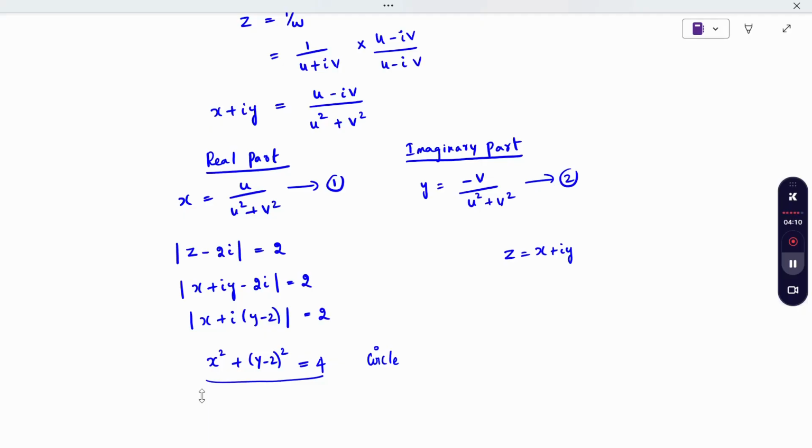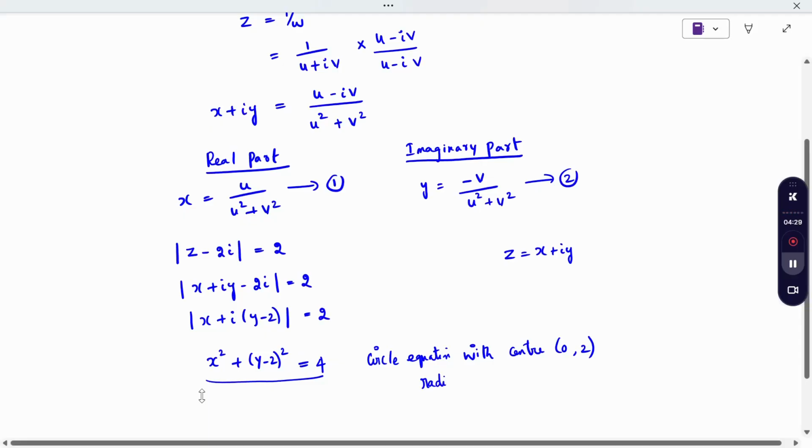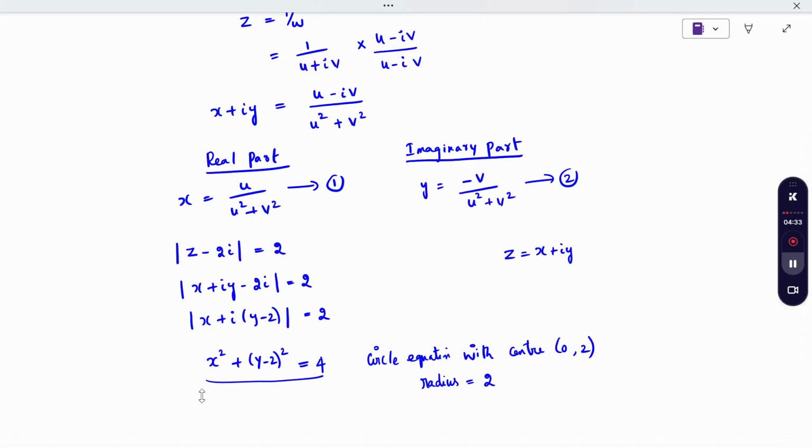This is a circle with center 0, 2 and radius a, which is 2. Radius equal to 2, as given in the question.